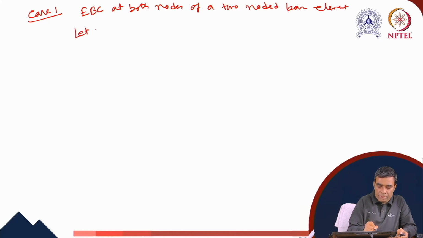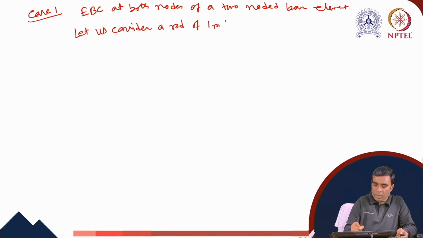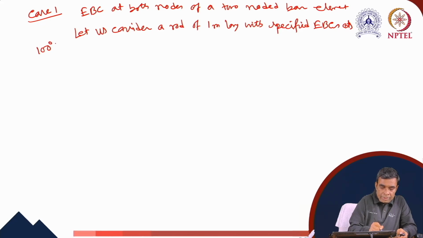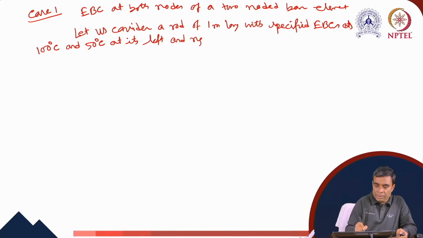Let us consider a rod of 1 meter long with specified EBCs as 100 degrees centigrade and 50 degrees centigrade at its left and right boundaries.